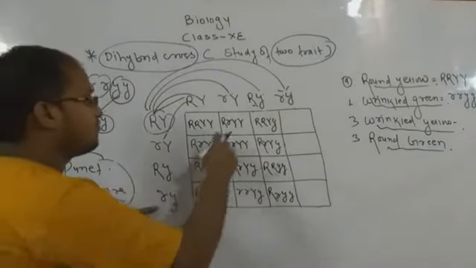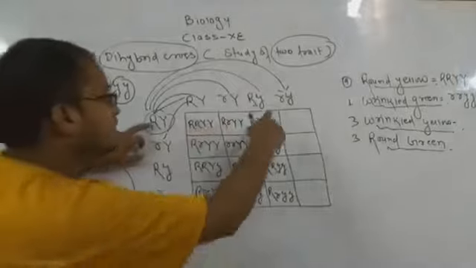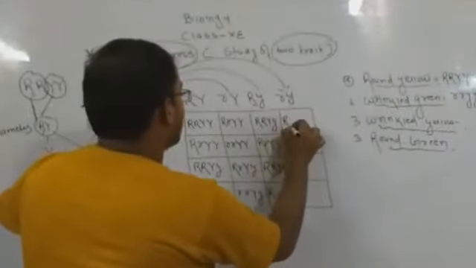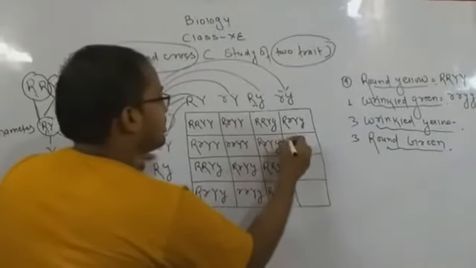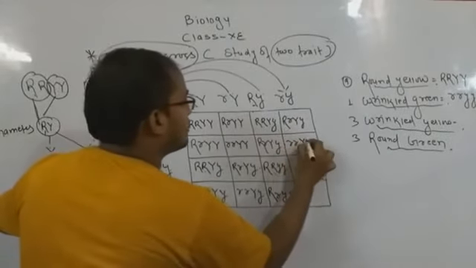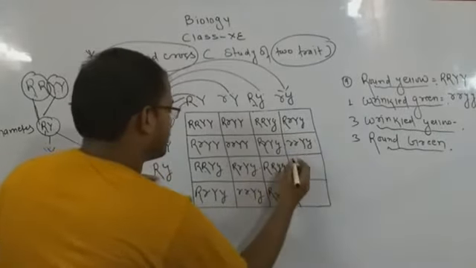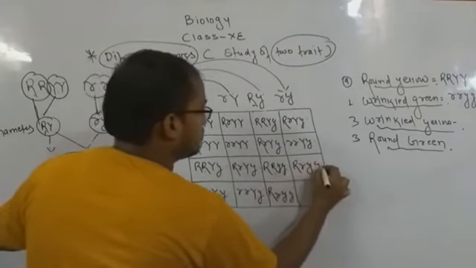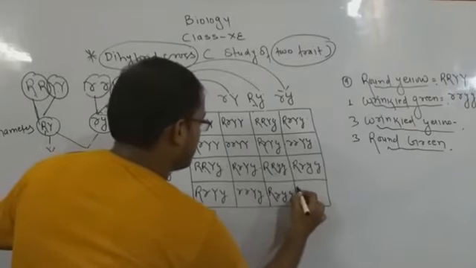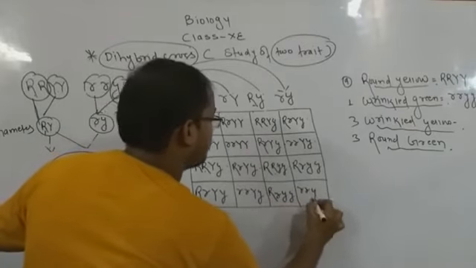After that we are going to discuss the last ones: capital R and small r, capital Y, small y. Next, capital R, capital R, capital Y, small y. Next, capital R, small r, both small y. And next, RR and YY.